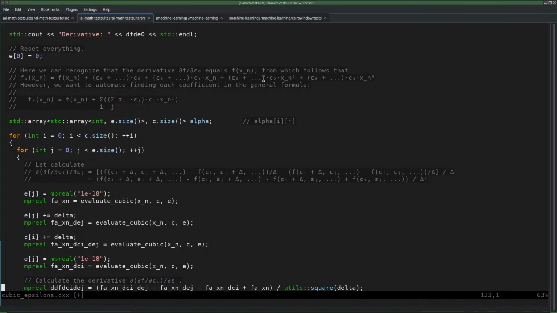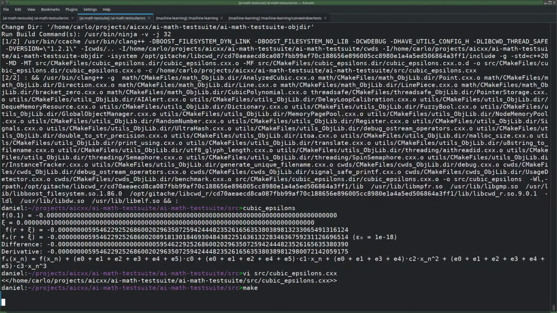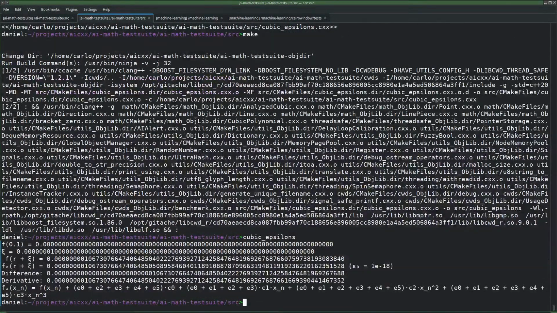And then if you take the partial derivative with respect to one of the epsilons, and the factor turns out to be 1 all the time, then it's going to be exactly 0.1 to the power, whatever the index is. Let's see if this indeed doesn't assert. No, so that works.